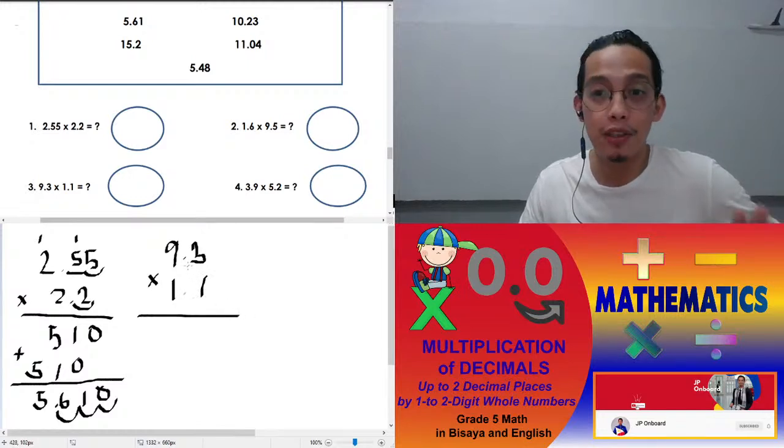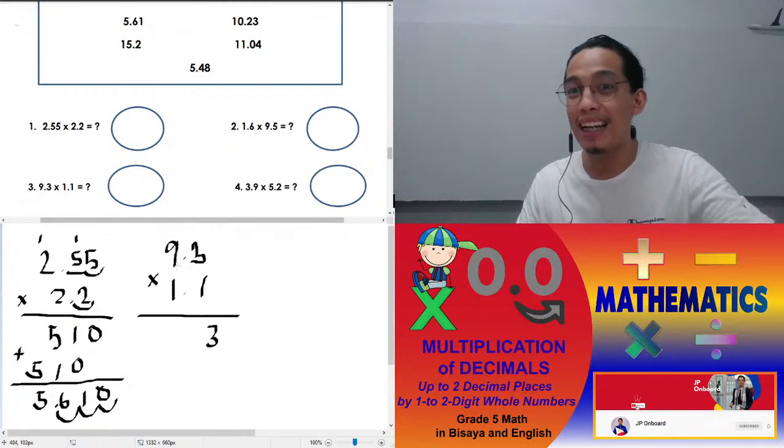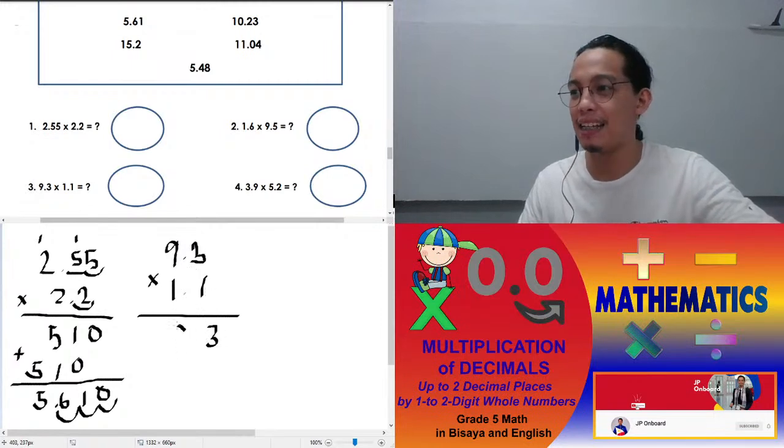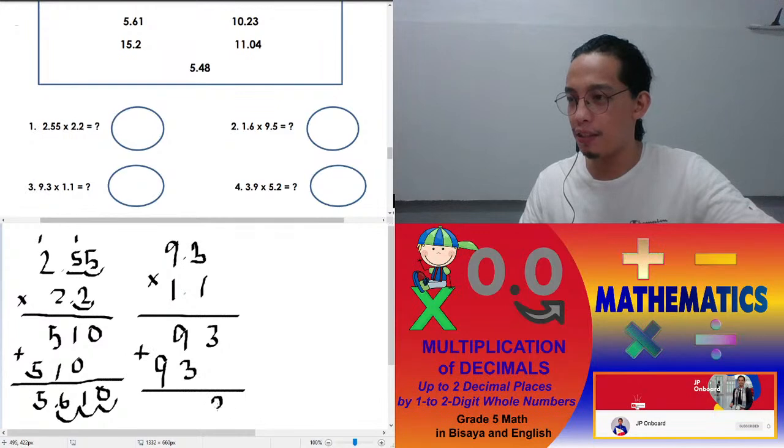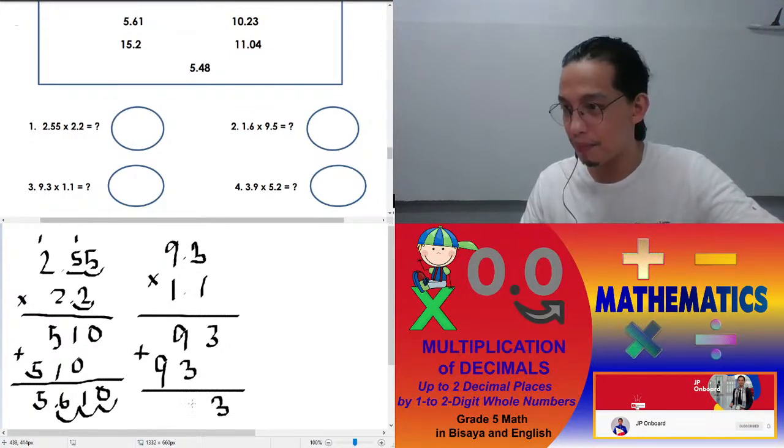Okay, 1 times 3 is 3. 1 times 9 is 9. We continue to the next digit. 1 times 3 is 3. 1 times 9 is 9. And then we add. 3 plus 0 is 3. 9 plus 3 is 12.